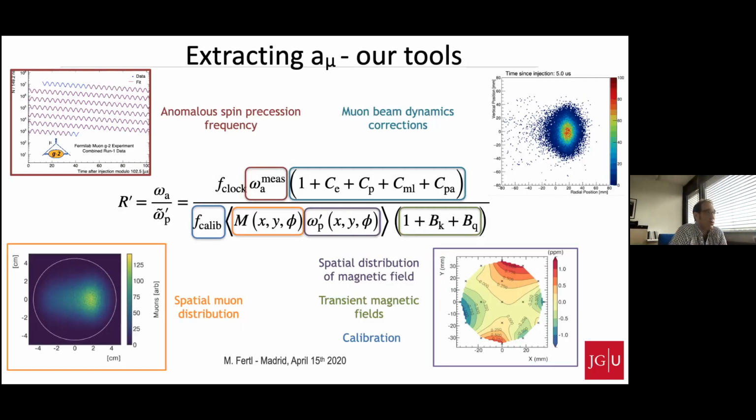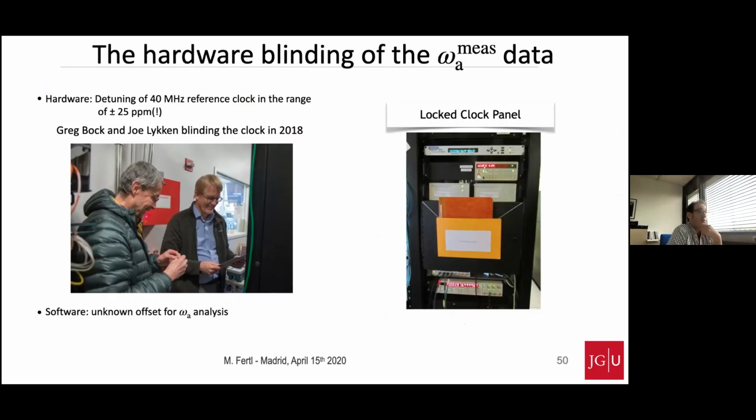to extract omega a mu. There's one factor that we haven't talked about, which is the clock that I said we were blind to, to not bias our analysis. So this clock blinding factor on hardware level was actually set in 2018 by two Fermilab science managers, Greg Bock and Joe Lykken, and they just detuned the frequency of the nominal 40 megahertz reference clock in the experiment in a range of plus minus 25 parts per million.